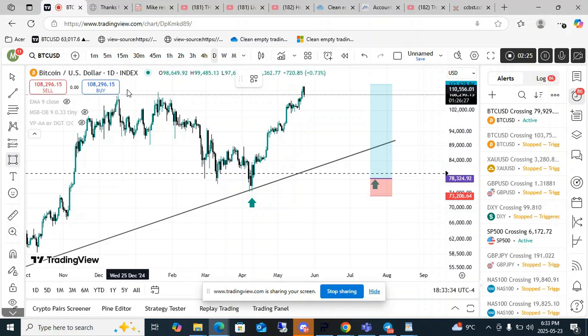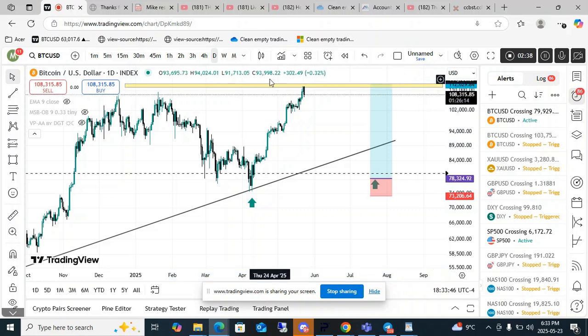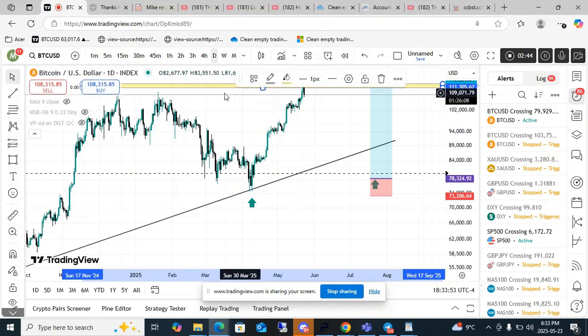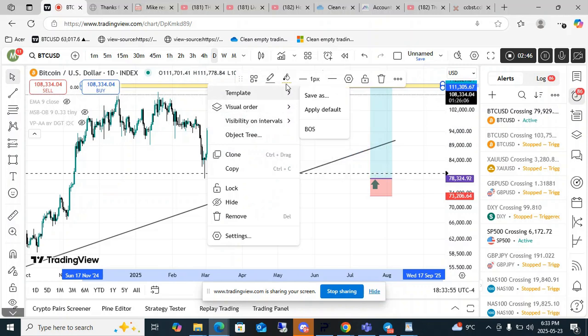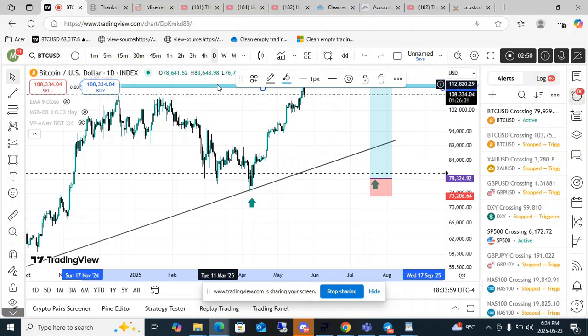BTC has made an all-time high at 113011.06. So this is the all-time high for BTC. I'm gonna color this to blue, and I clone it.